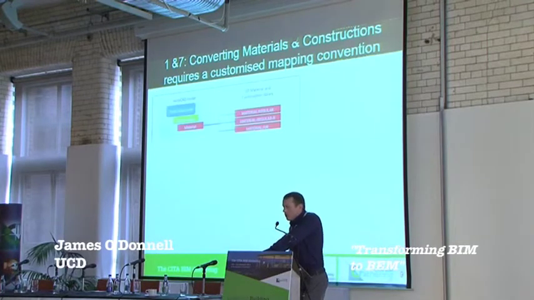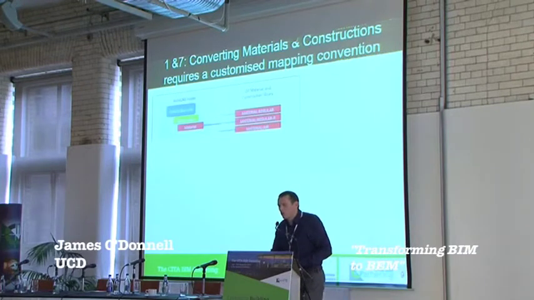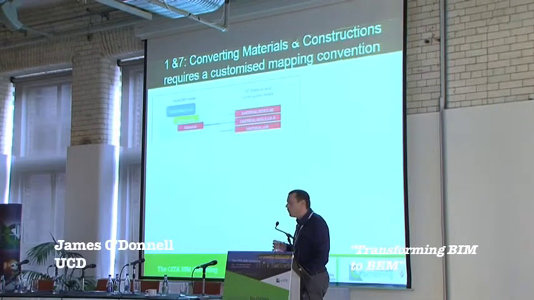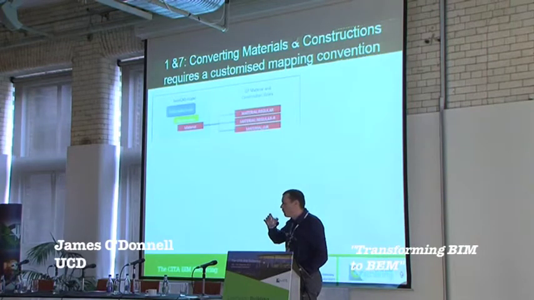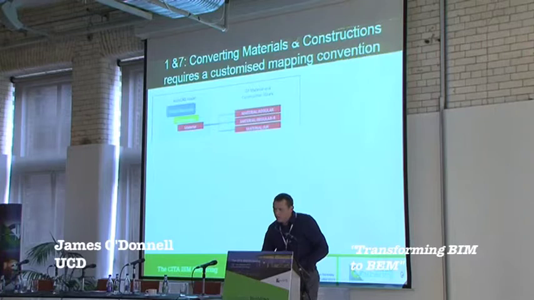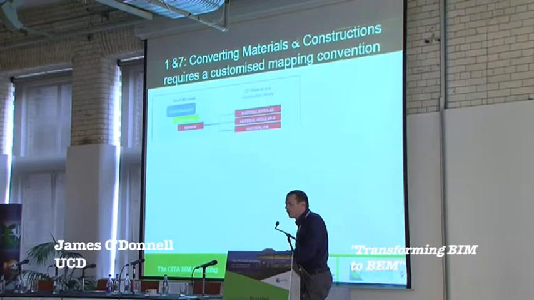Okay, I talked about the mapping library that was required. So we needed to develop a workaround because the properties that are needed for energy simulation are not currently exported to IFC from the different CAD tools, although they can be defined within the CAD tools themselves. It's just a short limitation. So any given, say, wall cross-section or floor cross-section is made up of a number of material layers, and these material layers are mapped individually and combined at runtime.